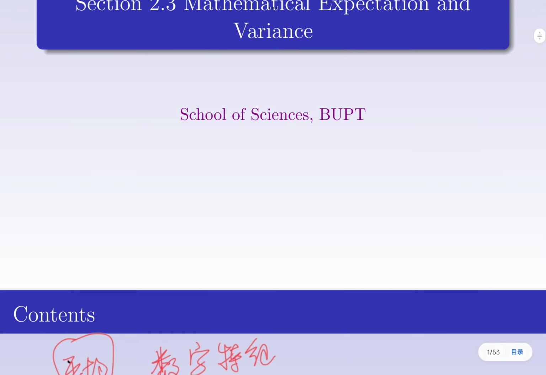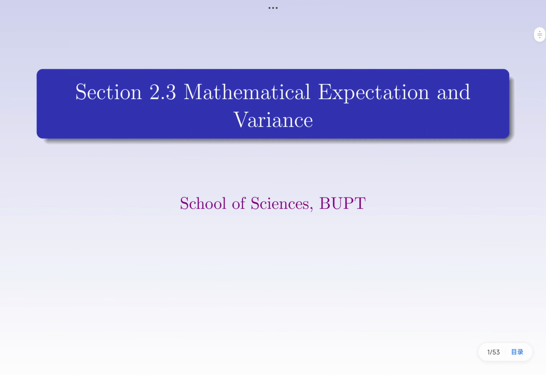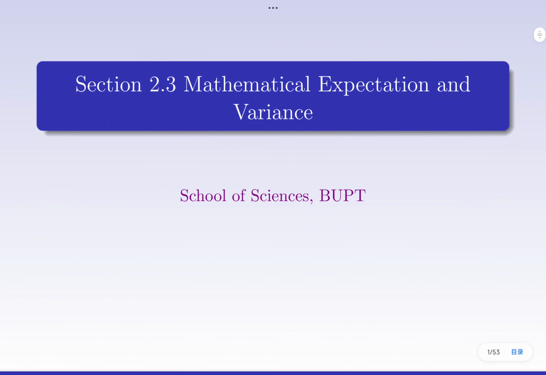What is the expectation? This is 2.3, mathematical expectation and variance. This is a very basic chapter, and there are two main topics. Expectation means the average, that is, from a theoretical logic you guess how much you can get by scientific statistics.